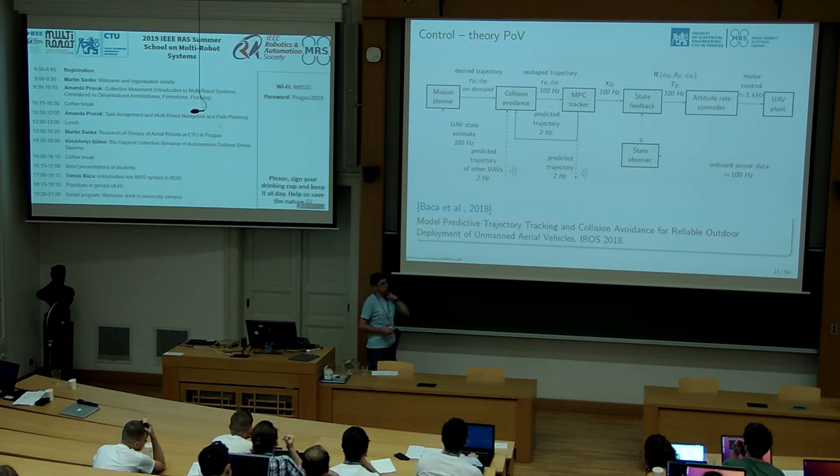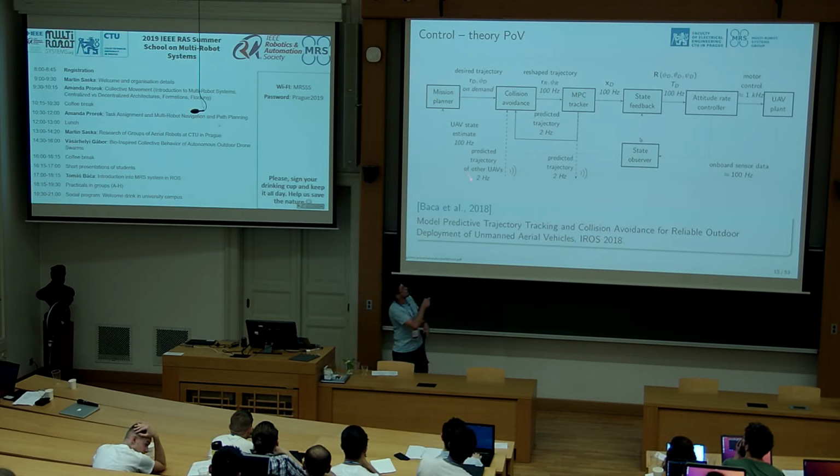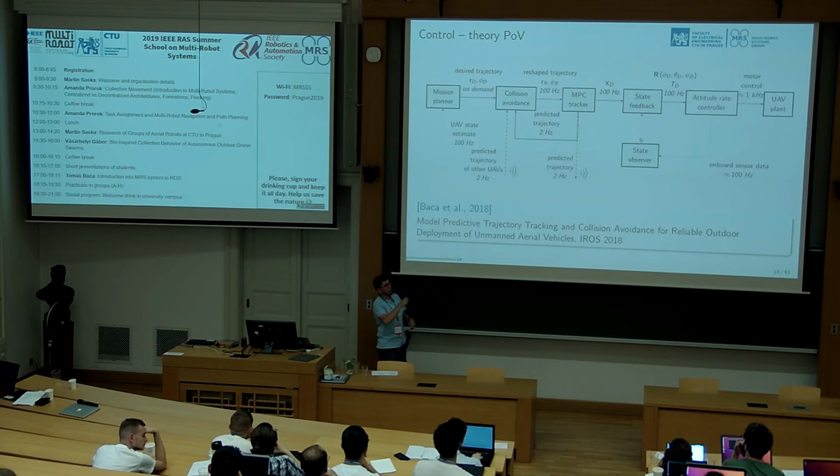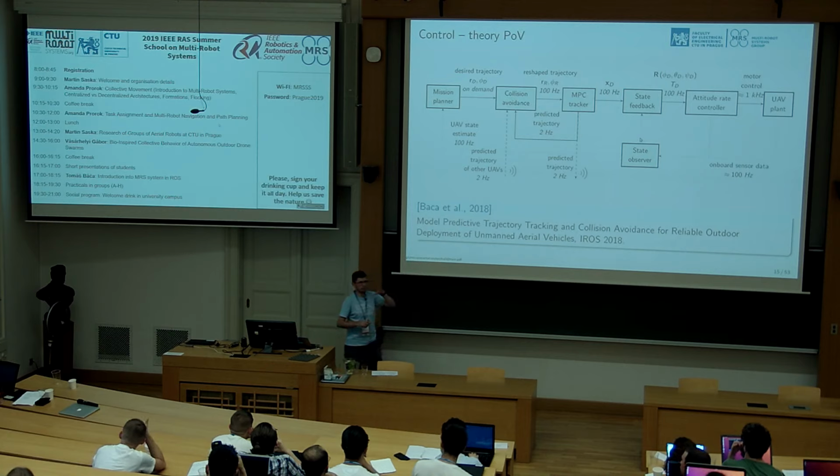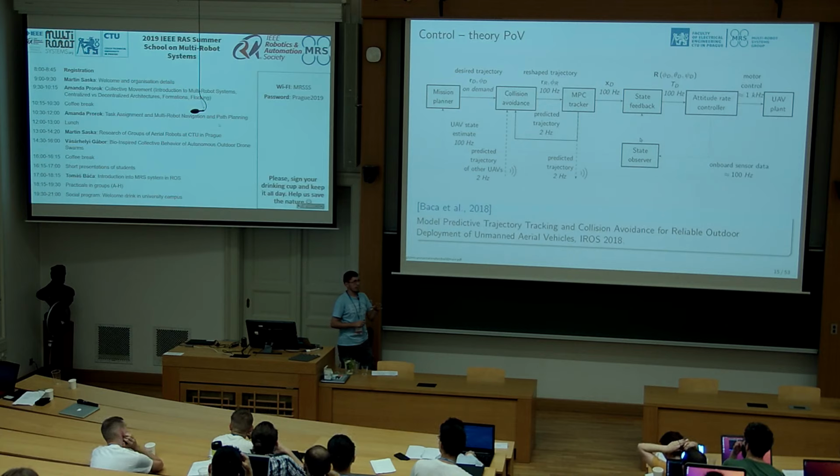And what I'm going to show you now is the rough reality which we deal with almost every day. That's how to translate this control point of view pipeline, something which you can test in MATLAB easily, into real-world working software which you can run on a drone and which you can be almost sure that it will not crash the drone.